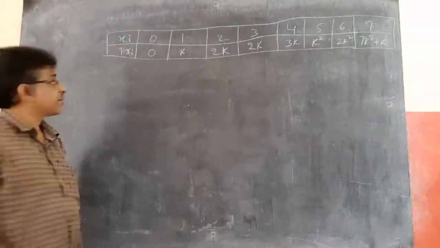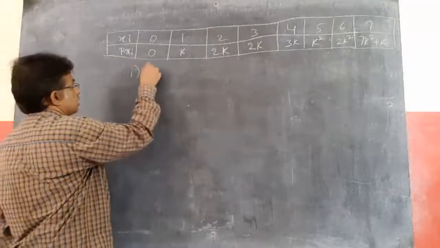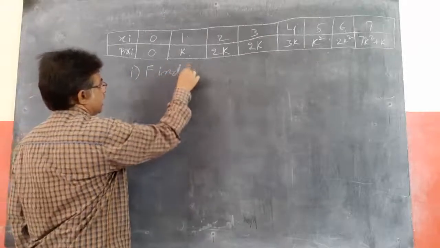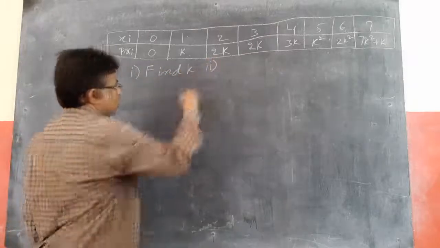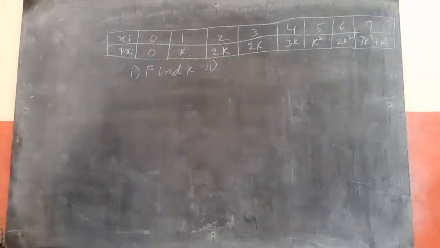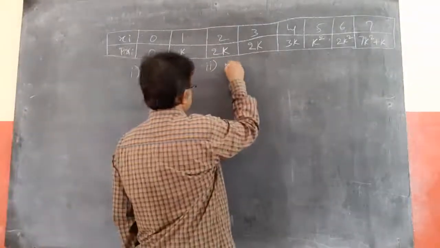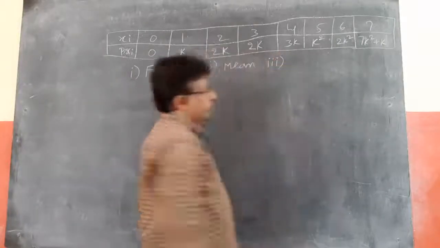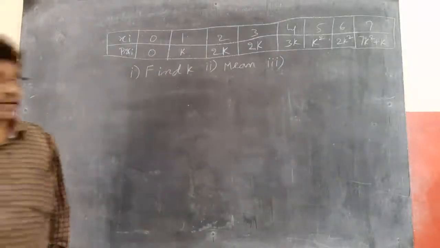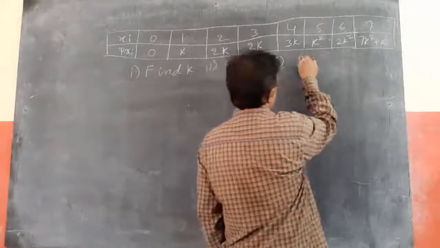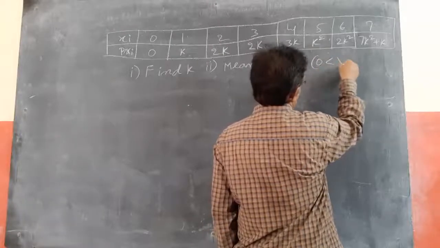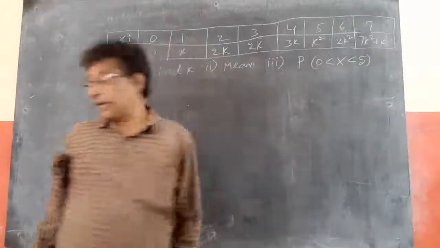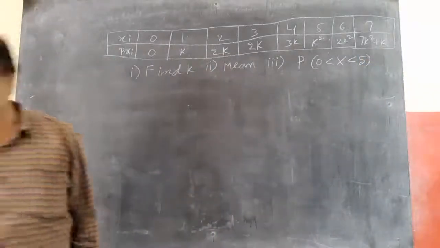Then find the k, the mean, and p of x lie between 0 and 5.